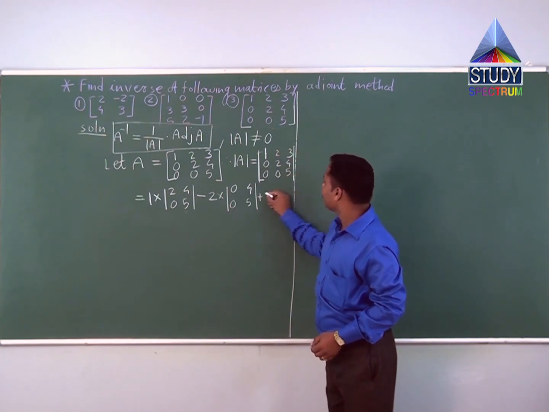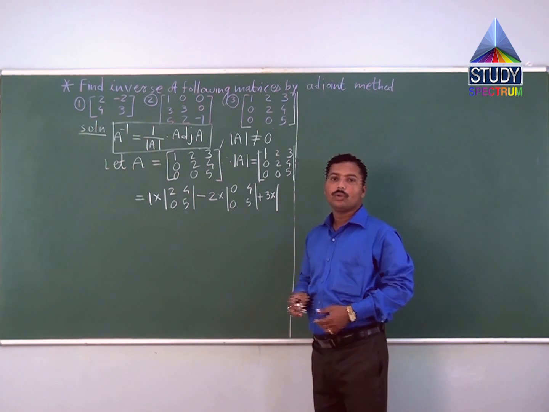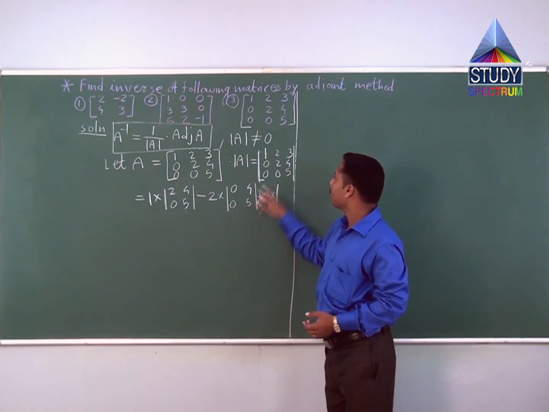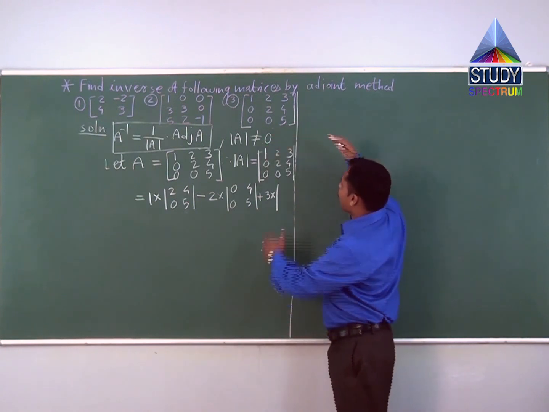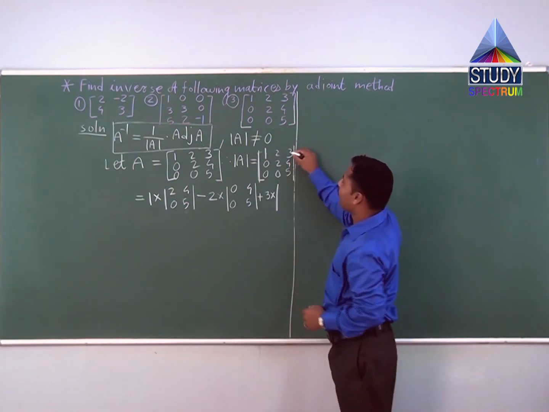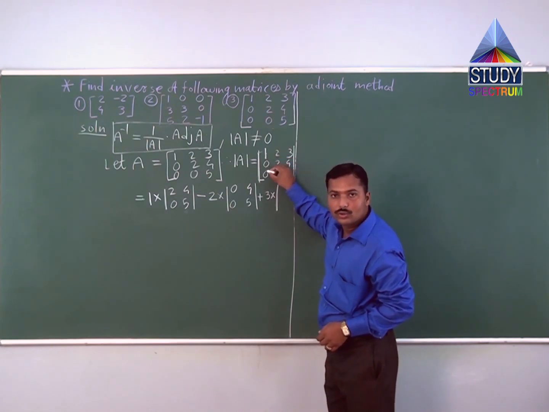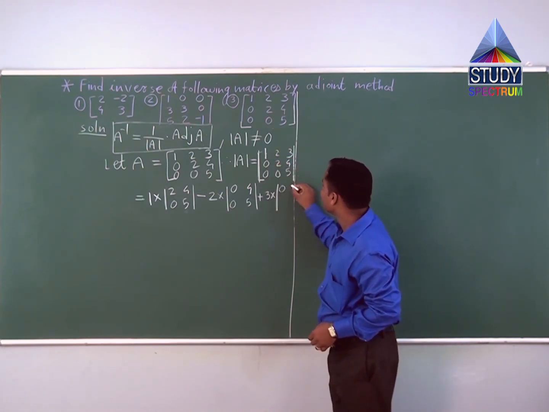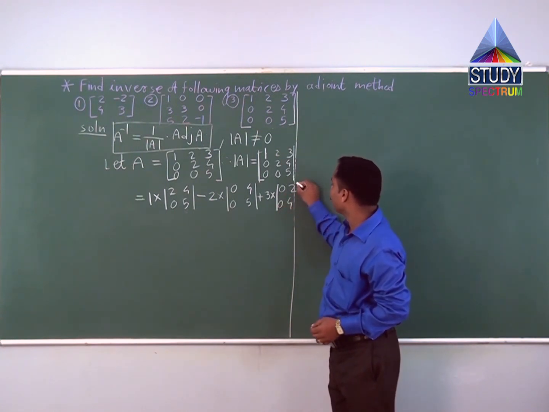Positive, negative, again positive. Third number 3 into the determinant, meaning the minor of 3. So delete the row and column passing through this number 3. So the remaining numbers are 0, 2, 0, 4.